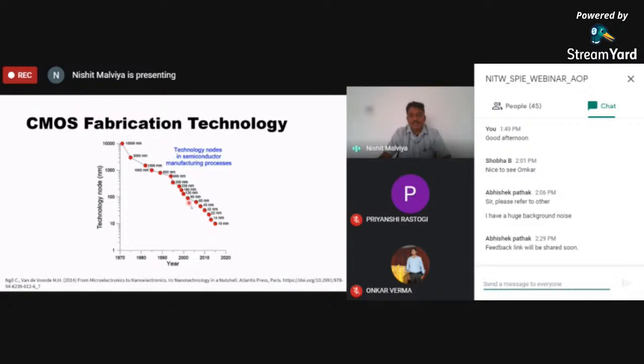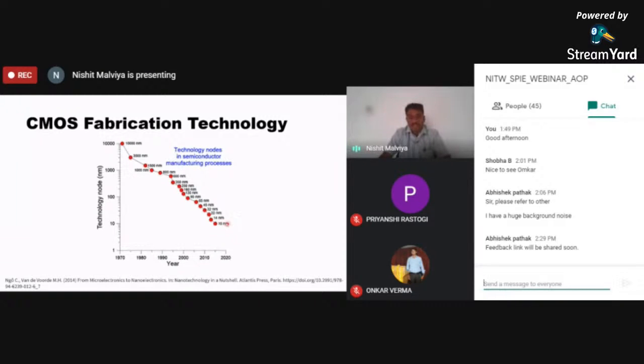Now I am showing here the different technology nodes in semiconductor manufacturing. These are the optical waveguides in the nanometer range. Starting from the early 90s, optical waveguides were made at around 800 nanometers, and then the resolution of CMOS technology decreased.